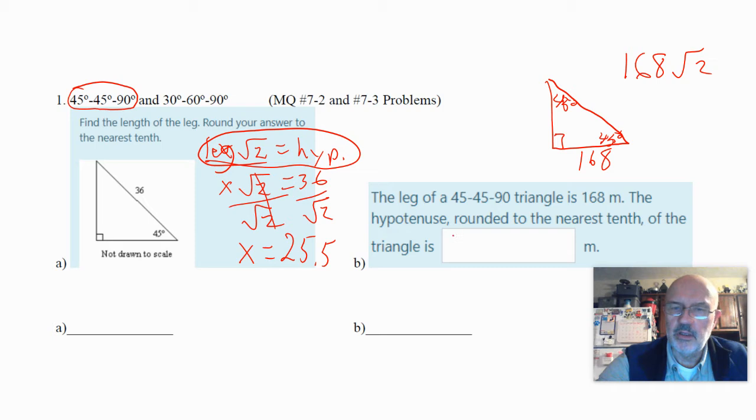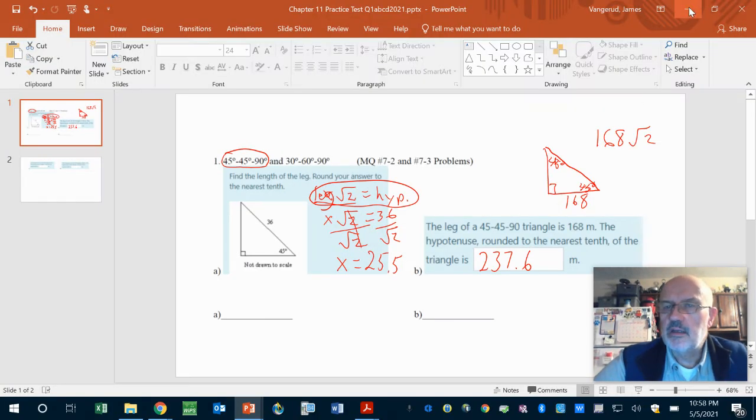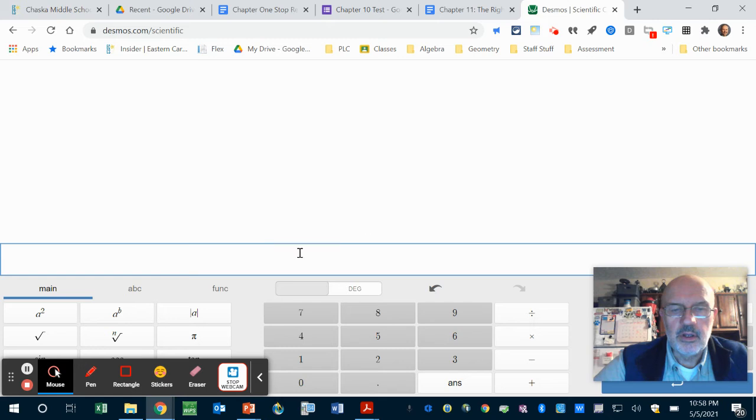So that should come out to 237.6 meters. So let's see if it does. 168 times the square root of 2. I'm going to show the calculator just so you have some way of figuring out how you do the sequencing, because a lot of times the big issue is getting the right sequence on the calculator.